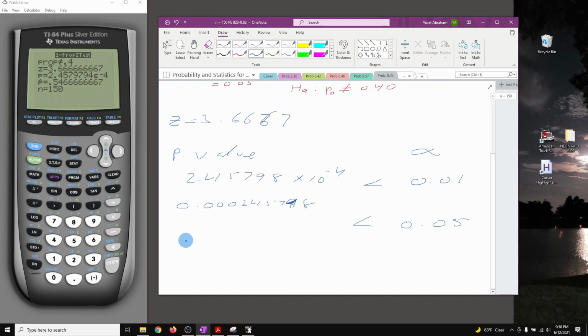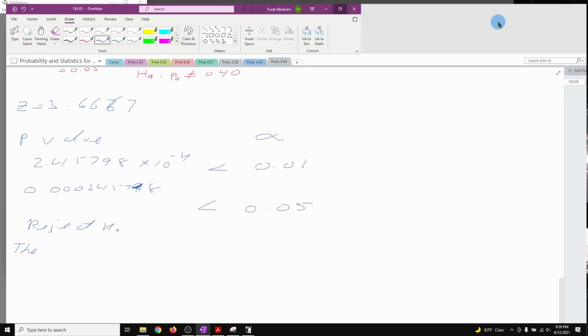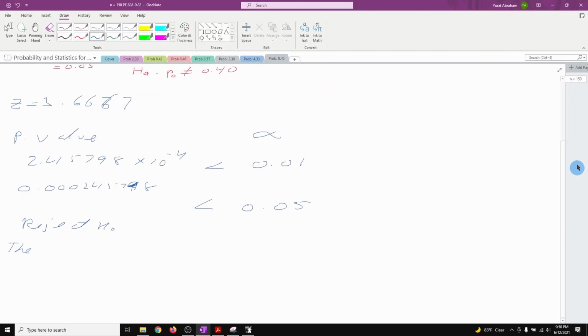Because your p-value is smaller than your alpha value, we can say the following. We can reject the H0. Let me make this bigger. Zooming in is good. Okay, looks good.